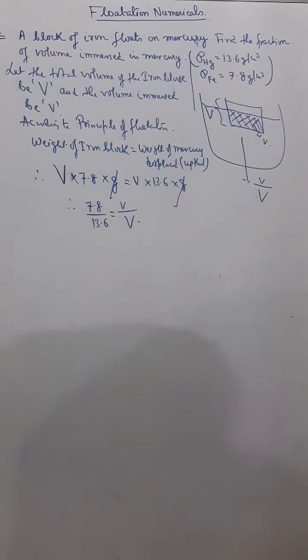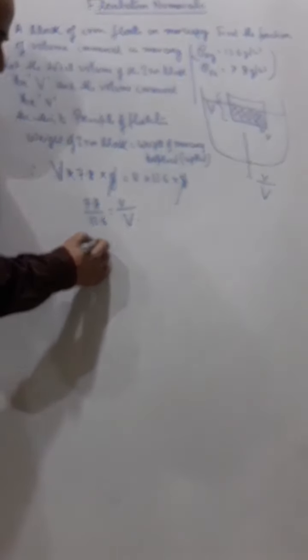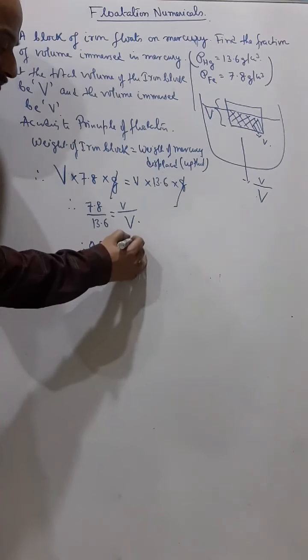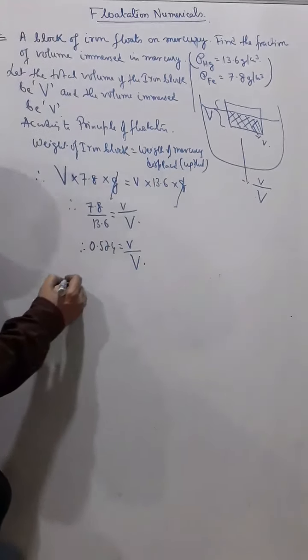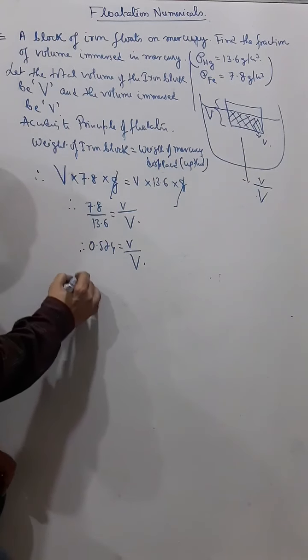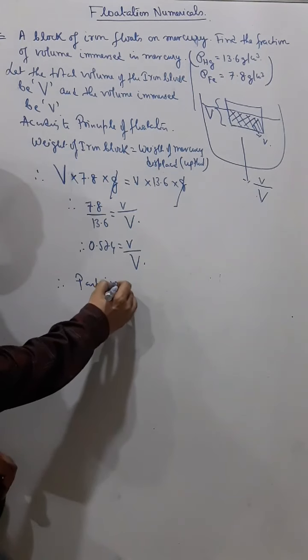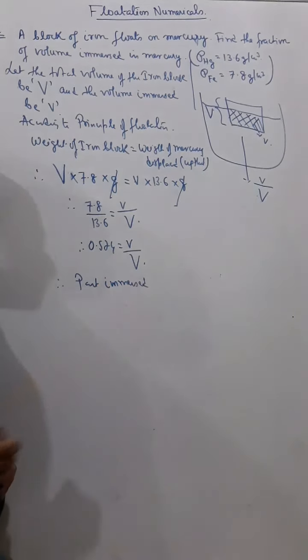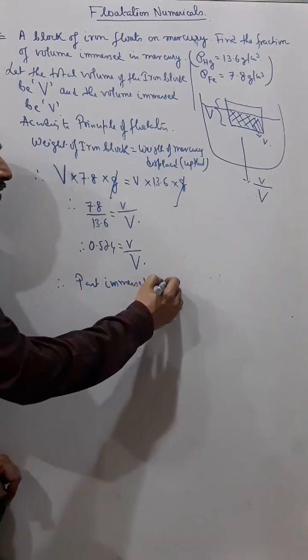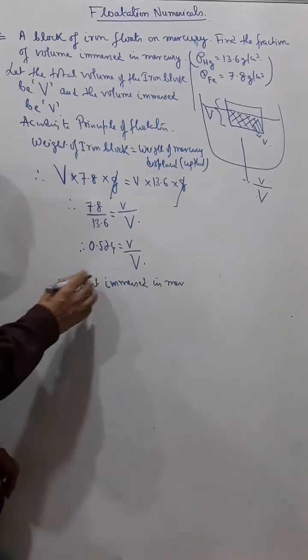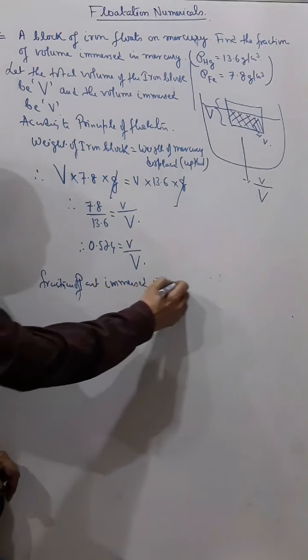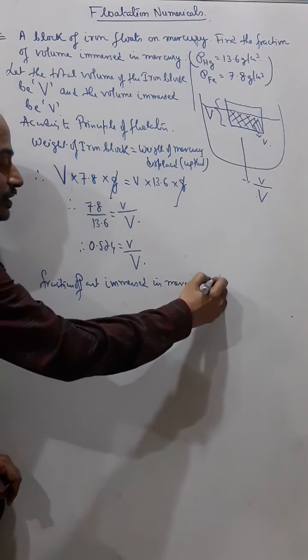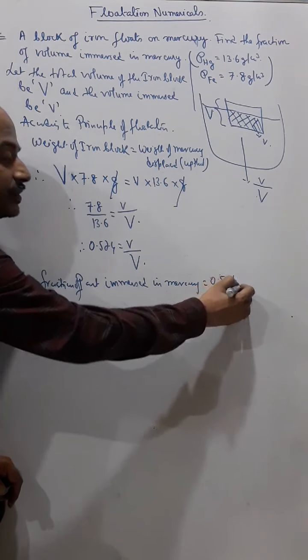Understand? So after calculation we will get 0.574. So finally we get 0.574 is equal to v by V. So that means I can say therefore the fraction of part immersed in mercury is equal to 0.574.